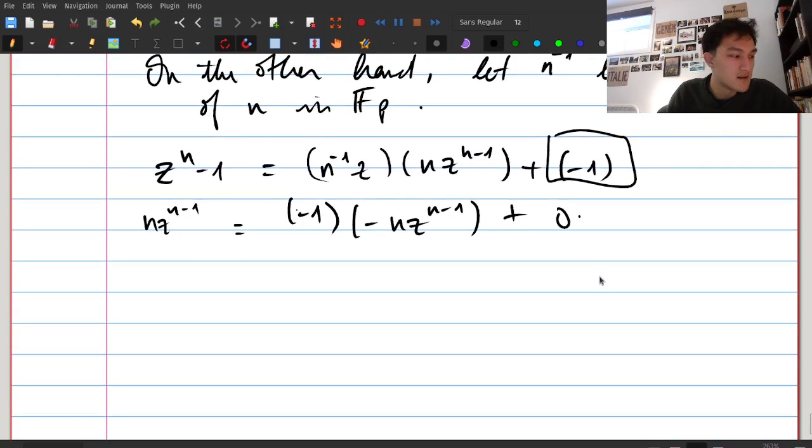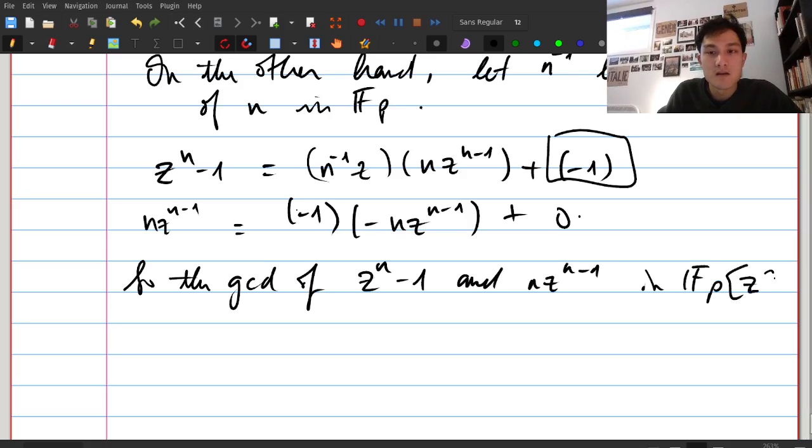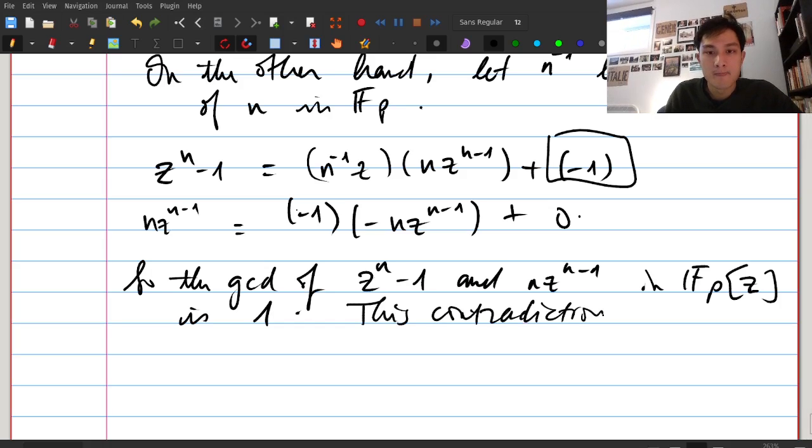So the GCD of z to the n minus 1 and n z to the n minus 1 in F_p of z is 1. It's a constant, well, at the very least it's minus 1. It's a constant polynomial, and that's a contradiction. So this contradiction shows that phi n of z is irreducible.